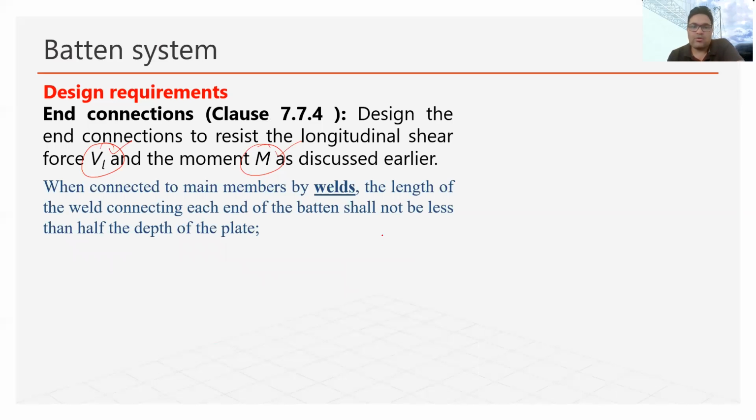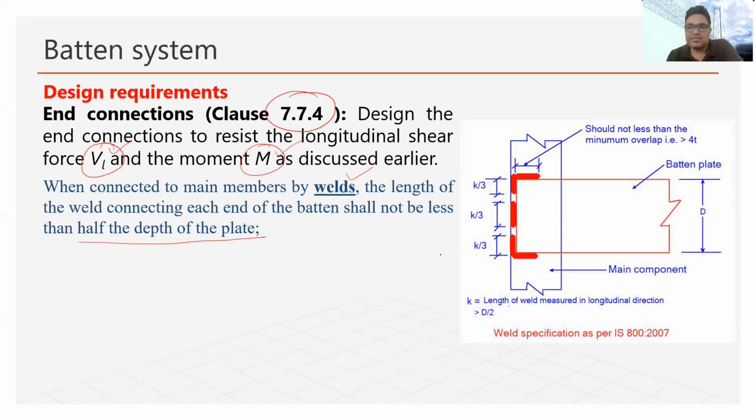So now, as per this clause, IS code has suggested some specifications for the welding. It says when we connect the main member by welds, the length of weld connecting each end of batten shall not be less than half the depth of the plate. Now I will show you that using the diagram. It says here that the value of K is the length of weld measured in the longitudinal direction, and it should be more than D by 2. Now I'm showing here K by 3 plus K by 3 plus K by 3.